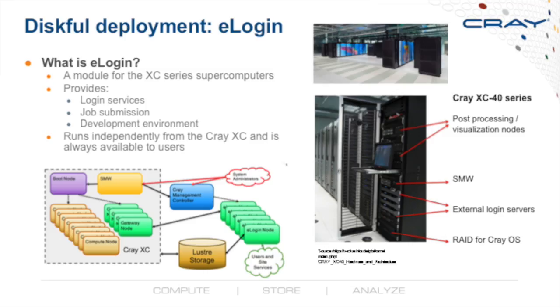Now moving on to Diskful deployment, I just wanted to give a couple of example products that use this at the moment. We started off with the smaller products rather than the big machines in the beginning. The first of these is called eLogin. eLogin is an external login server for the Cray X series machines.